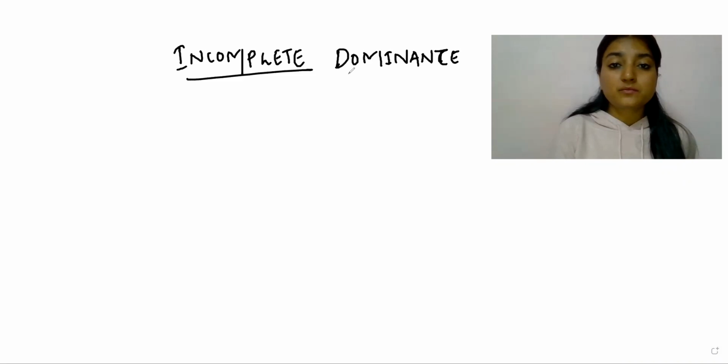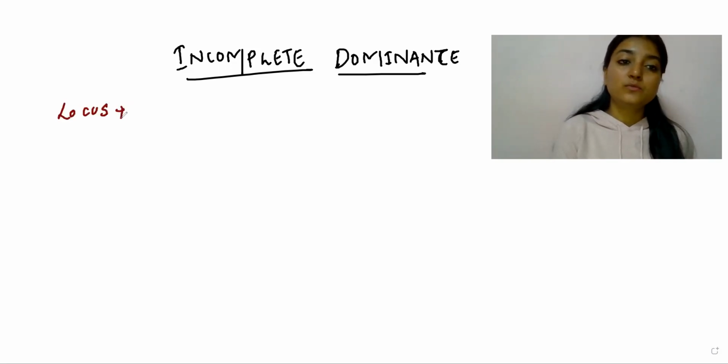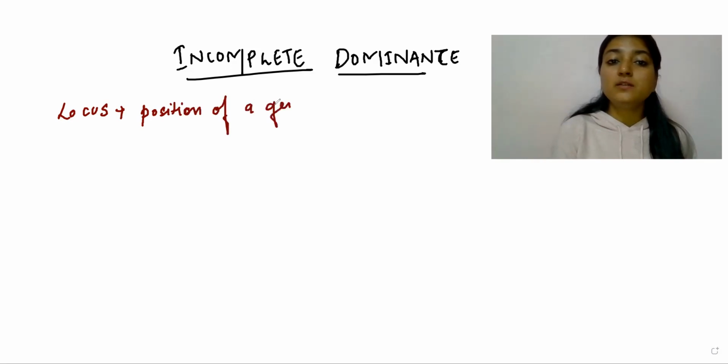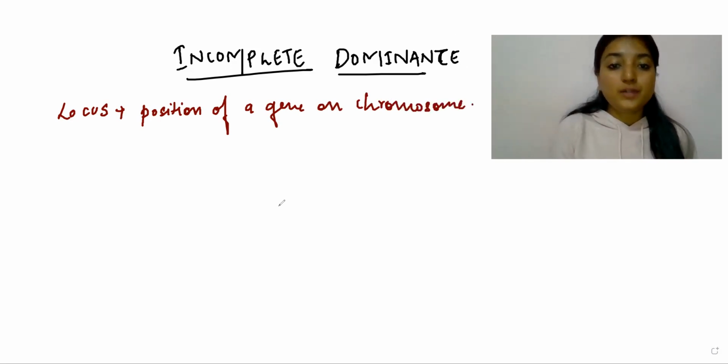Before knowing incomplete dominance, I will tell you some terms. First is locus. Locus is defined as the position of a gene on the chromosome. Let us learn it with a diagram.